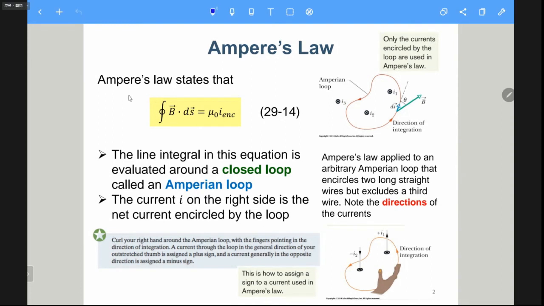And as you can see here, Ampere's law states like this. The left-hand side is the line integral. The right-hand side is the current. So actually, you can simply compare with Gauss's law: epsilon naught times the closed integral of E dot dA equals Q enclosed.